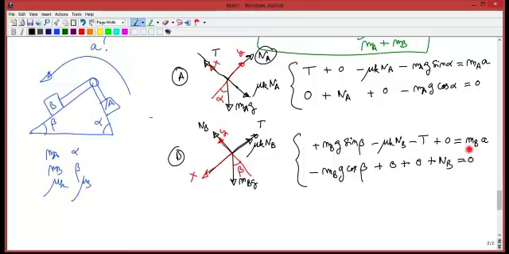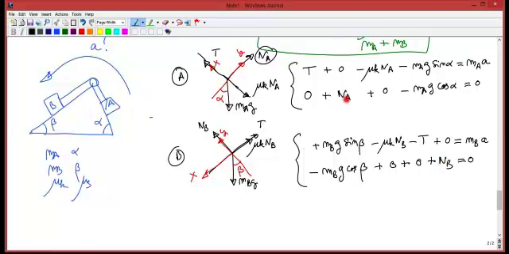That's it. Done. Now I have 4 unknowns, 4 equations: T, N_A, N_B, and the acceleration. Usually the method is that a is in the first and third equation, and they both involve N_B and N_A. And those are all by themselves in the second and fourth.